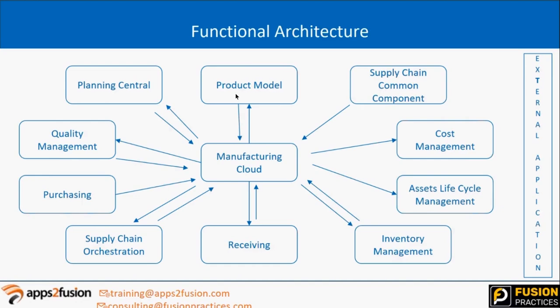If manufacturing does not have that information, it will not even know what it needs to build. And in this product model, we also associate each item to the orgs, and that is what this information is fed to the manufacturing cloud, and in return manufacturing updates back for each item what are the lead times. There's a capability where manufacturing calculates the manufacturing lead time and it updates back into the product model.